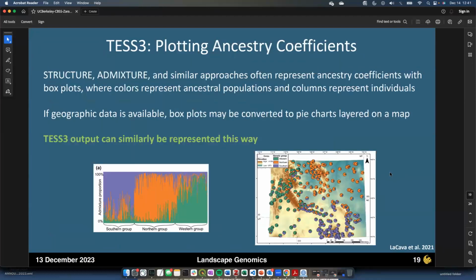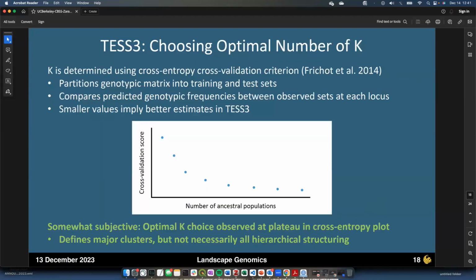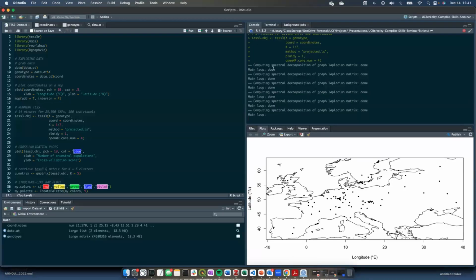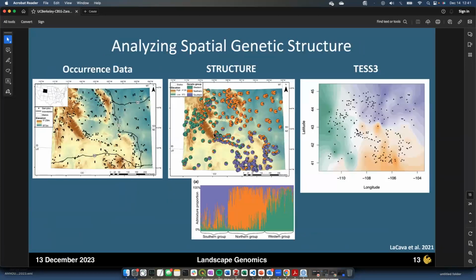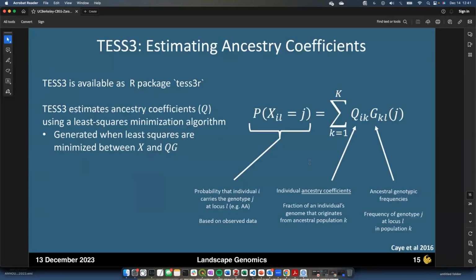All right. So before moving on, this is running. Right now, TESS has been running for, I'd say, probably 4 or 5 minutes. And what it's basically doing is computing those matrices that I mentioned a little bit earlier. So let's go back here. It's computing those Q and G matrices for each number of K populations.